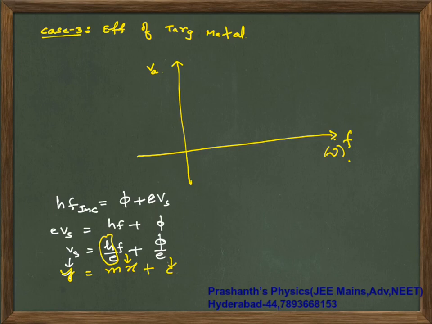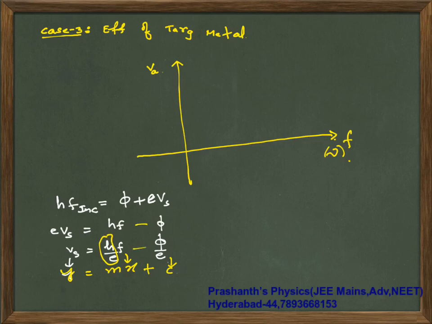Now if you draw your potential versus frequency graph, you get a graph like this. Now when x is 0, sorry, this is minus phi. It is not plus, it is minus.